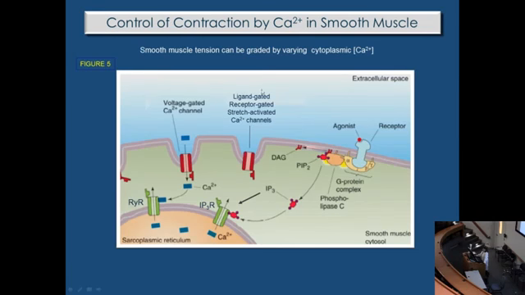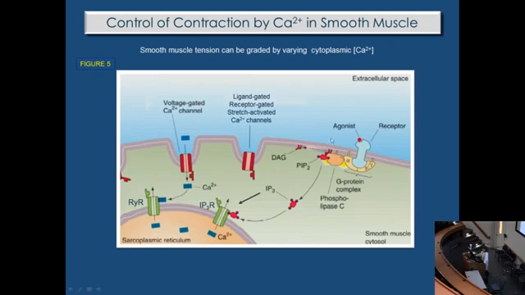Here I have another group of channels that could be ligand receptor gated or stretch activated calcium channels. They will also at some point allow the influx of calcium, and that calcium will be used for contraction.